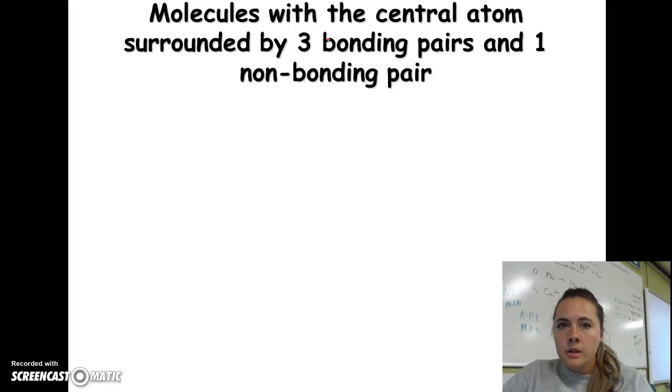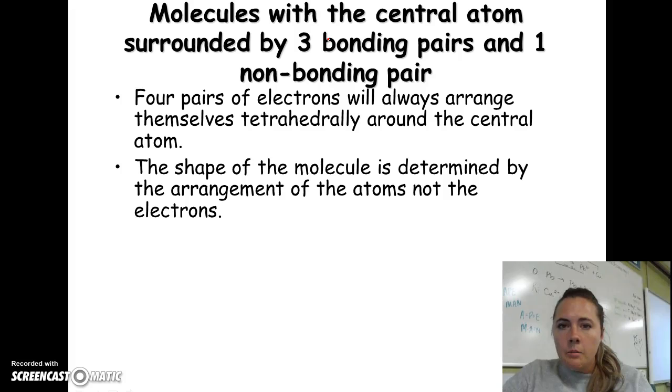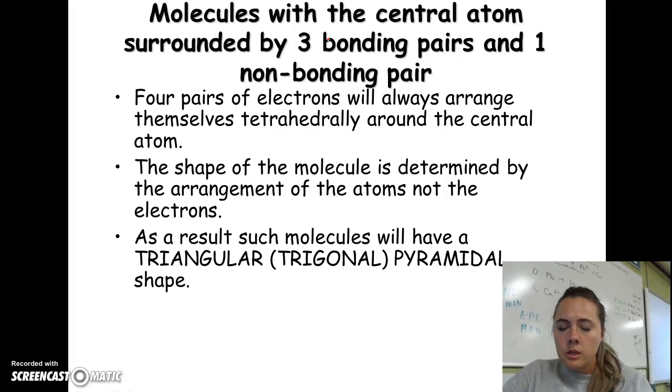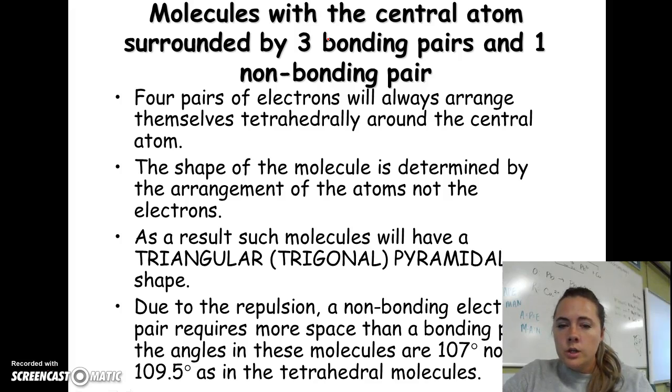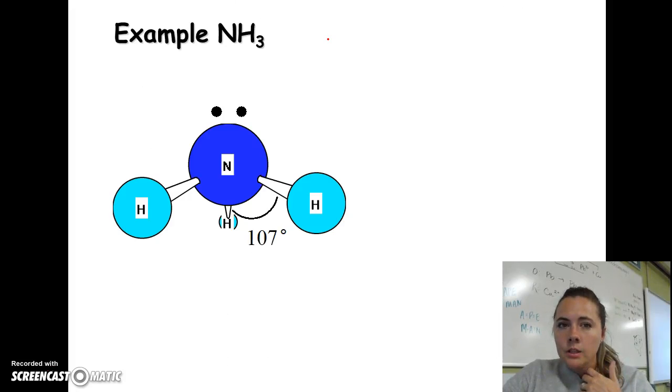So there you go. So here's, again, our non-bonding pairs, just like I was showing you. So you get something called trigonal pyramidal. And trigonal pyramidal is a molecular geometry. So now this right here is molecular geometry. NH3 is trigonal pyramidal. It's a triangular pyramid.